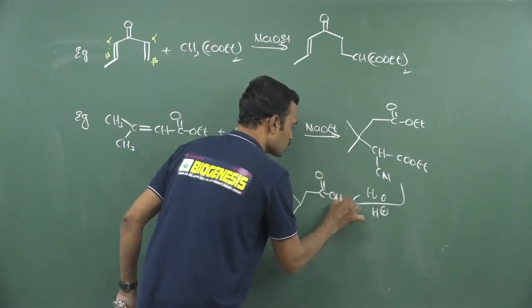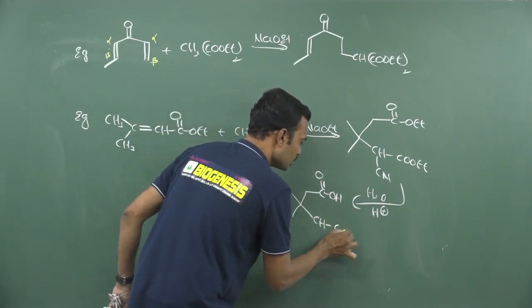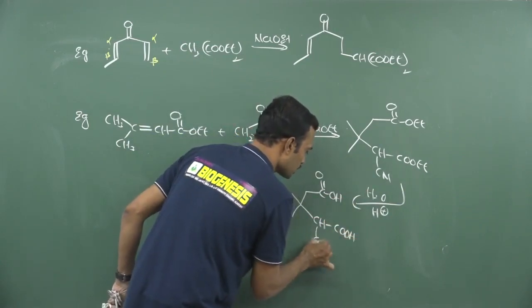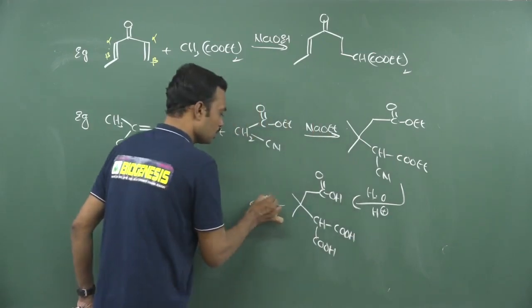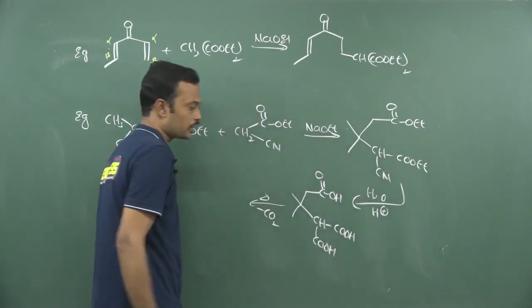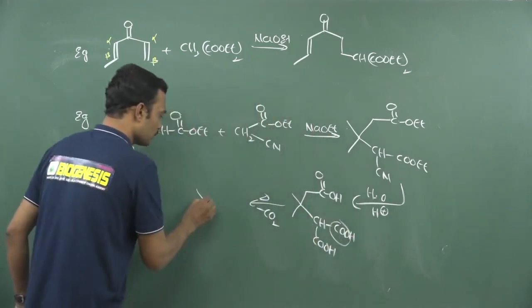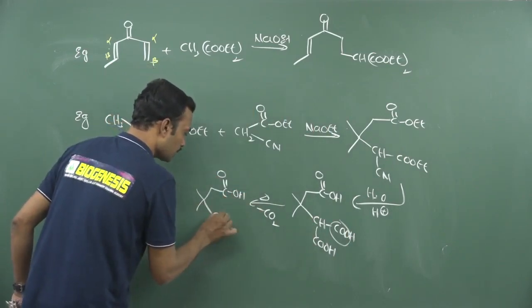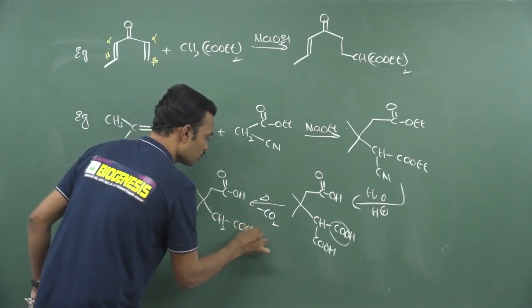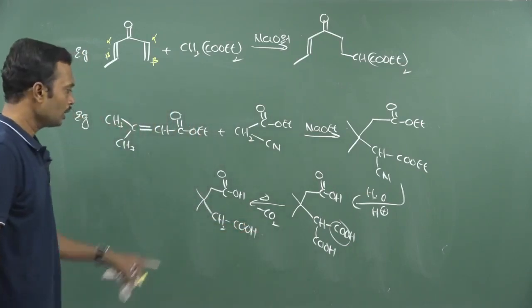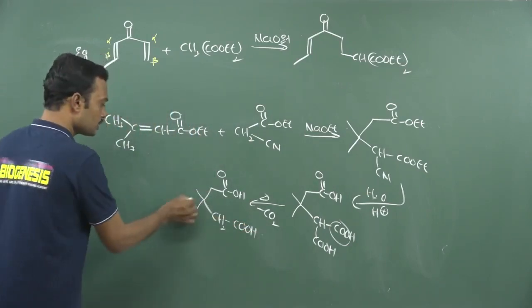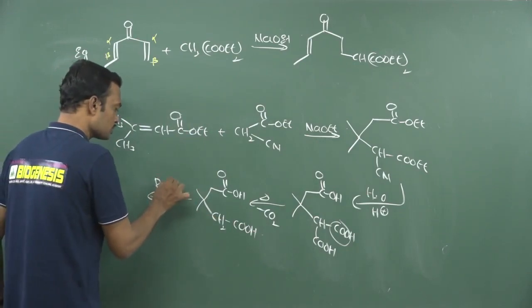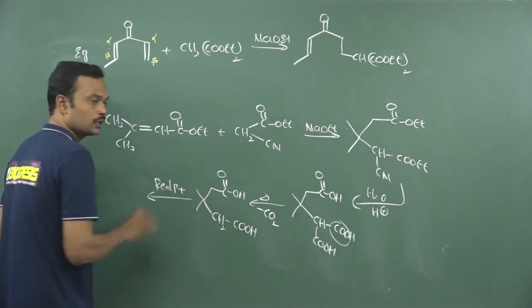C double bond OH, and see, this is CH, here carboxylic acid, here also carboxylic acid is present. Now heat it, remove carbon dioxide. If I remove carbon dioxide here, now there is a formation of carboxylic acid, and here one more CH2COOH like this.